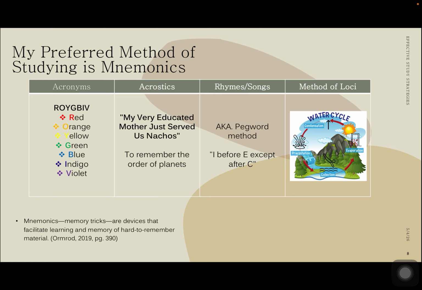The method of loci, what the book talks about, is a method where I use the water cycle, having a cycle of something placed in a room of each house. So for the water cycle, you start off with evaporation at the front door, and it's turning into steam, which is floating up to your ceiling, where it becomes condensation. And as you move to the kitchen, this is how I would remember it anyways, the condensation keeps getting denser and denser until you get into the kitchen, where precipitation is falling down on the cabinets.